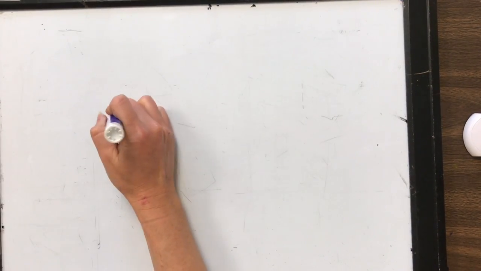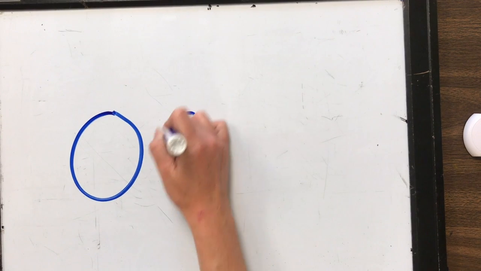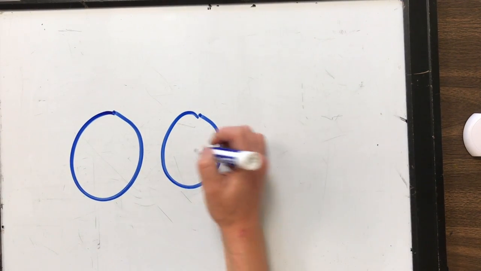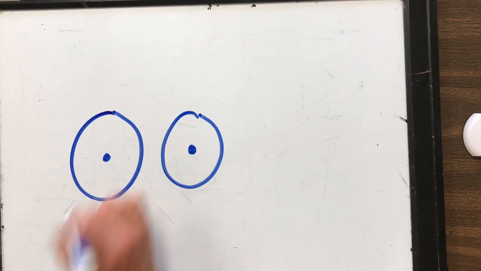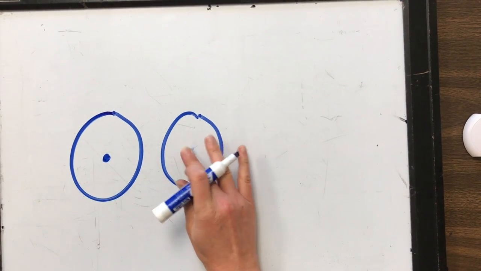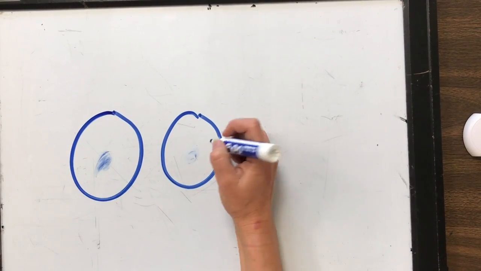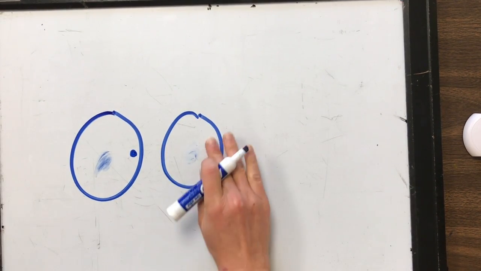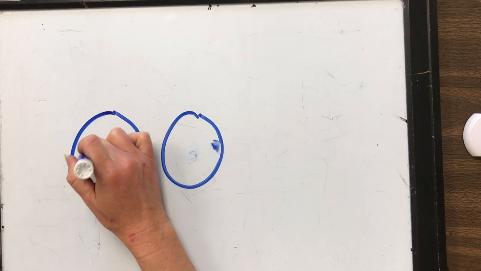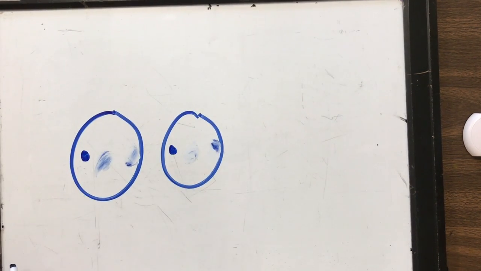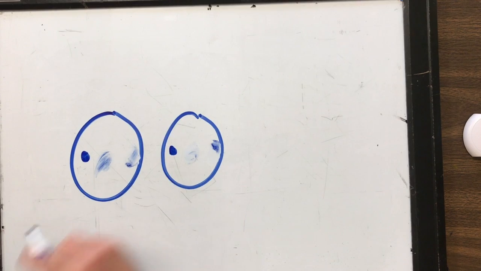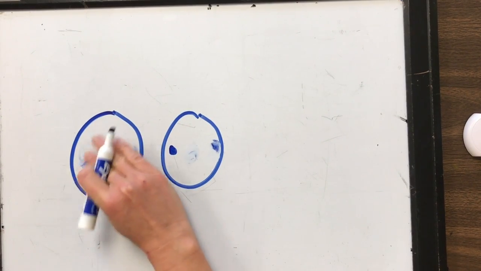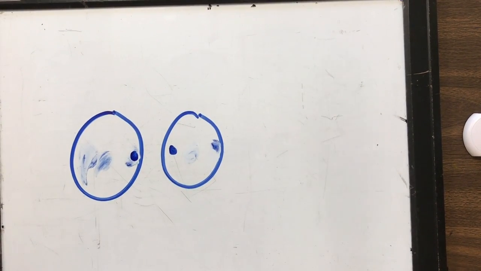So if I'm drawing my eyeballs, maybe you have your pupils in the middle. Maybe you have them looking to the right. Maybe you have them looking the other way. Or maybe they're looking at somebody. Maybe he's a cross-eyed monster and he has his eyeballs looking at each other.